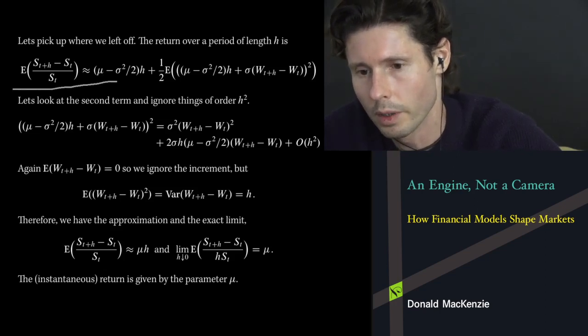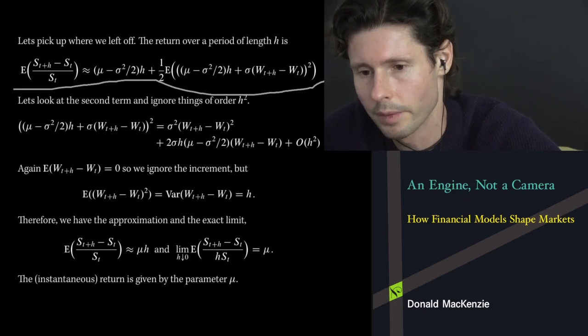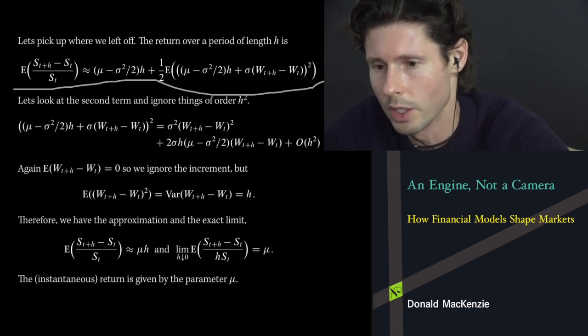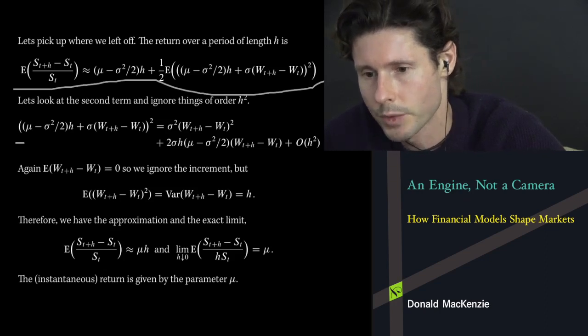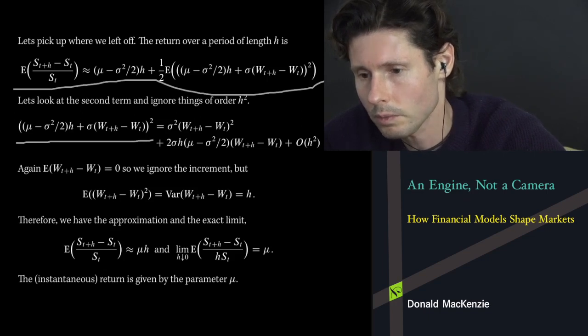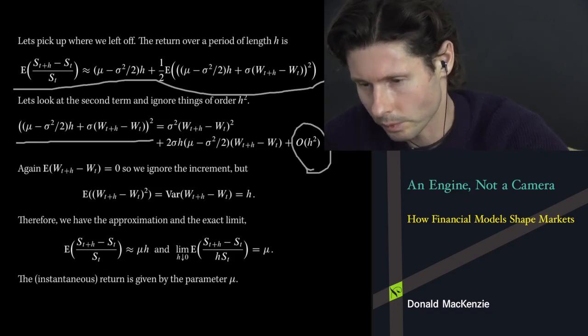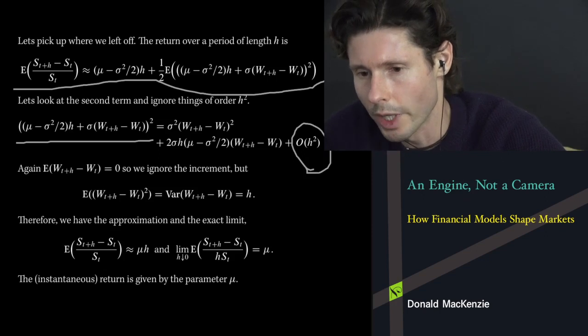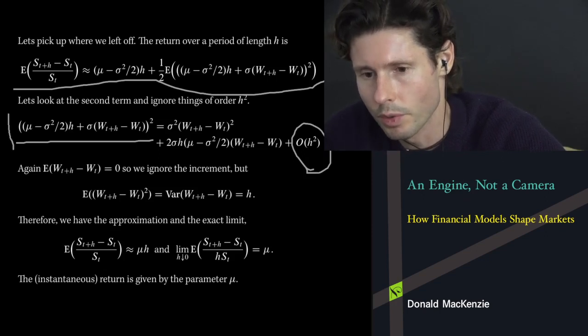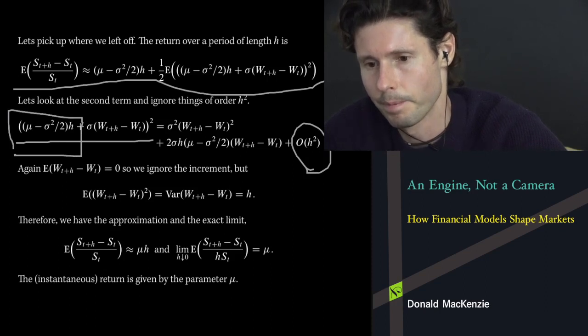So we're right here at this equation. We're going to look at the quadratic term and see if anything there that's of order h can be extracted. So we're going to factor out this quadratic. This is a term of order h squared corresponding to this part of the formula.